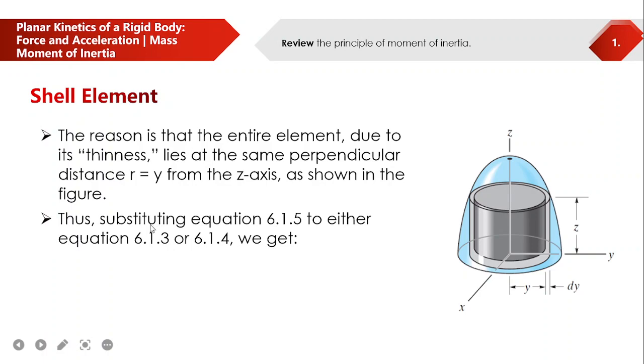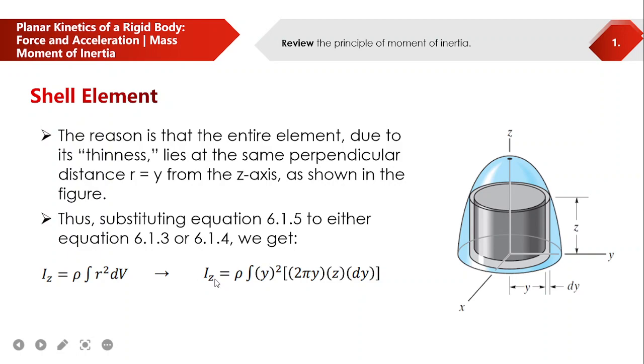Substituting equation 6.1.5 into either equation 3 or equation 4 of this lesson, we get I sub z equals rho integral of r squared dv. Since we already have the differential volume of our shell element, we can substitute that one.